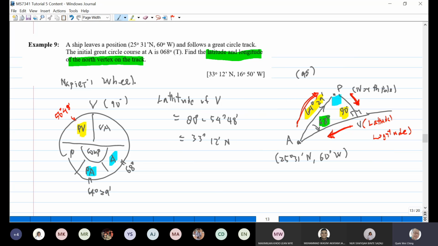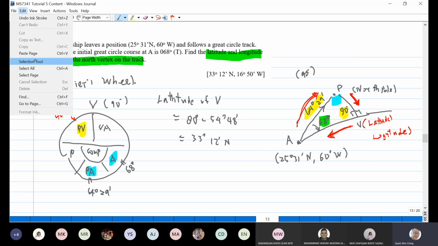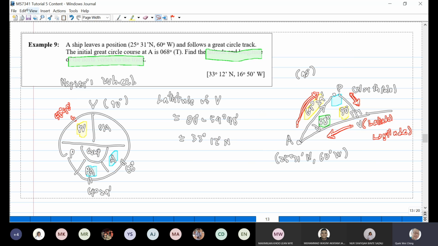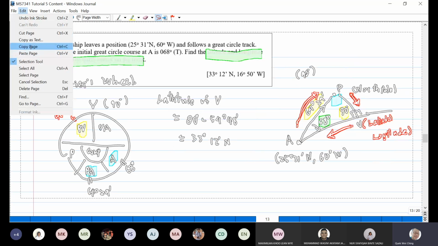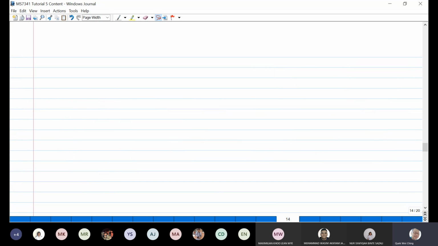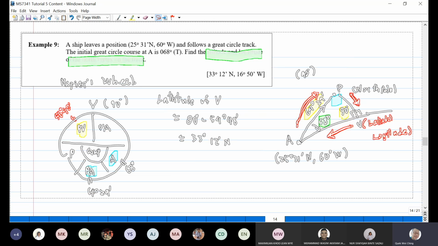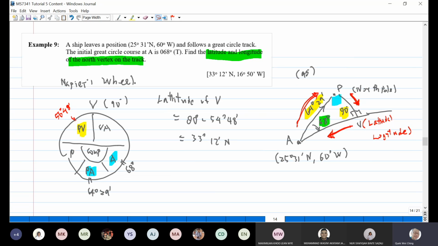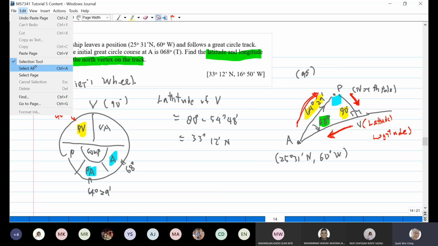Let me copy this to the next page: edit, select page, edit, copy page, and put that in. Let me erase some information. I know the latitude of V already, it's 33 degrees 12 minutes. Let me erase this information now.